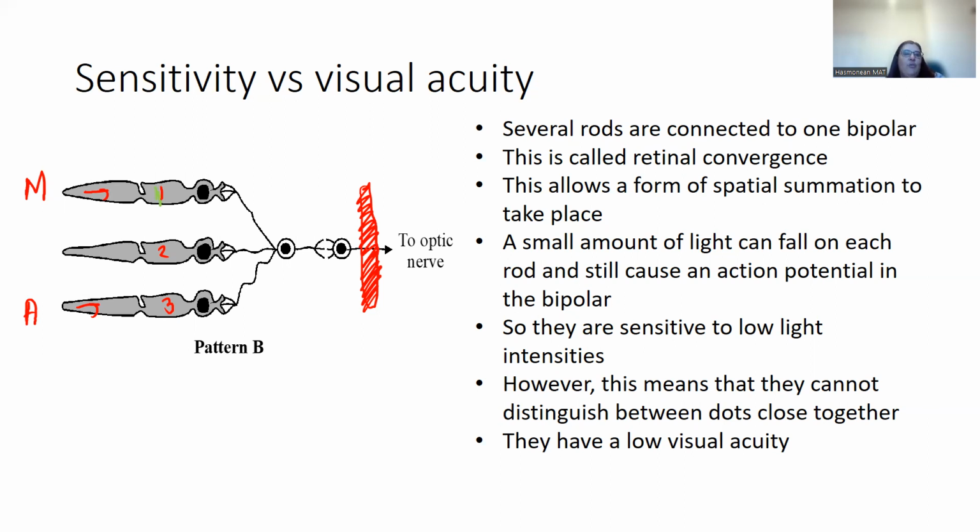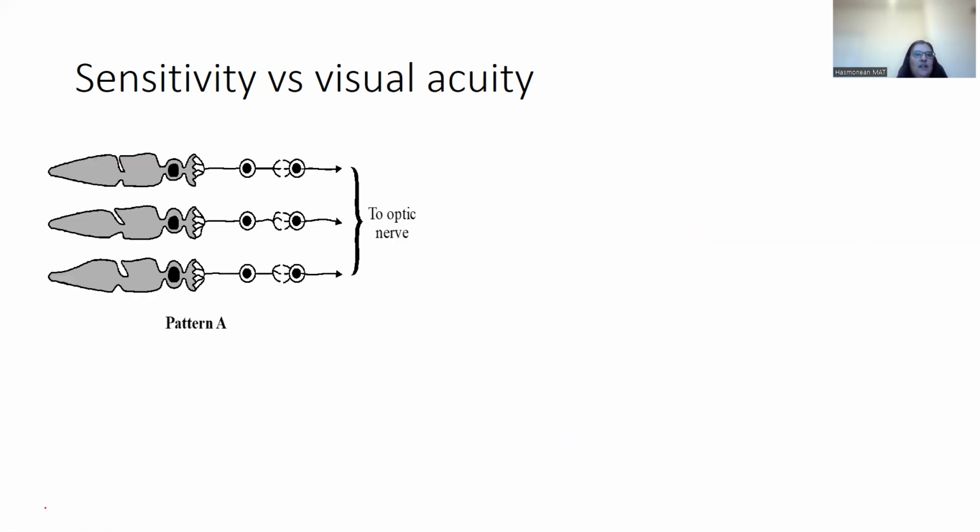But because 3 rods connect to one bipolar, they cannot distinguish between small dots close together, which means they have a poor visual acuity. On the other hand, if we look at cones, they have their own bipolar.